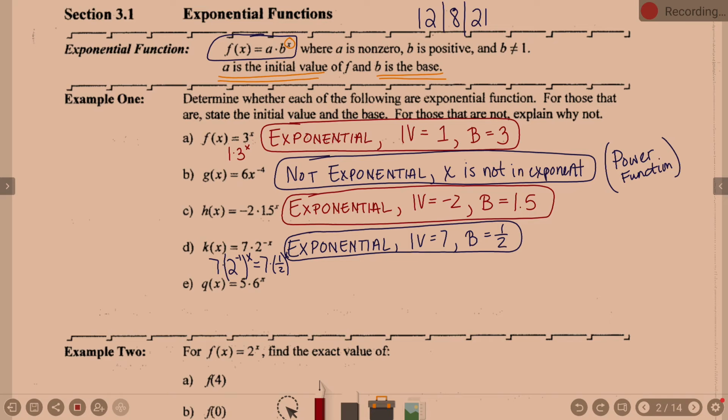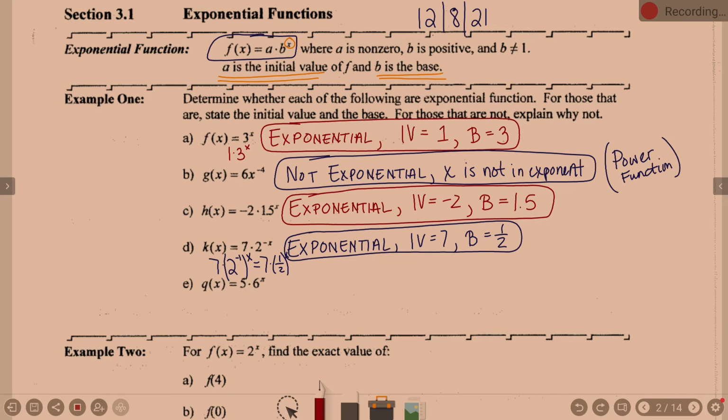I see head shakes. Why not? There's no x. The small piece of it is there's no x in the exponent, but the bigger piece of it, there's no x at all. I don't know what 5 times 6 to the pi is numerically, but those are all constants. This is just a constant function. This is q of x equals some number, so this is just some horizontal line.